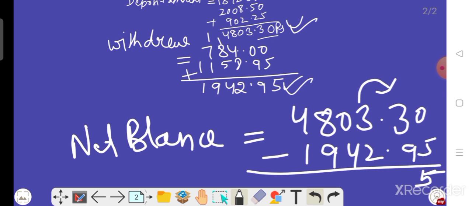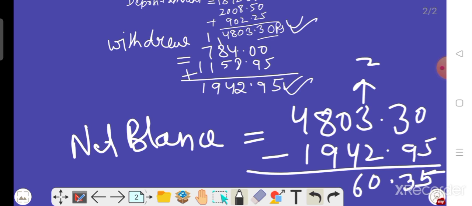So this will become 12, 12 minus 9 is 3. Decimal is as it is. After giving carry, this 3 will become 2. So 2 minus 2 is 0. Again we have to take carry. So 10 minus 4 is 6.